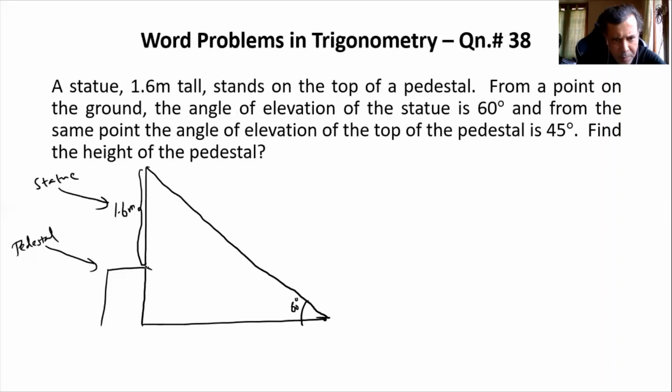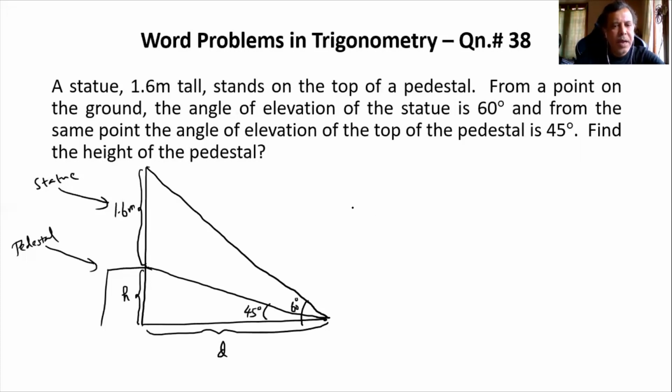From here, this is the top of the pedestal. From here to here, this is known to be 45 degrees. This is what we don't know, the pedestal's height, so let us call it h. And this distance we also don't know, so let me call that distance d.